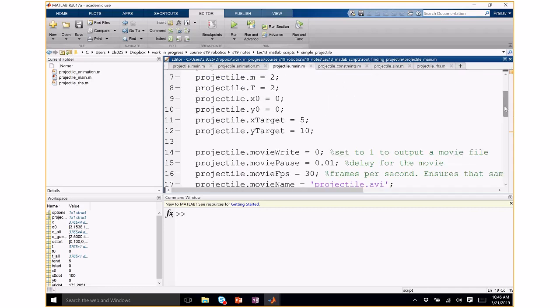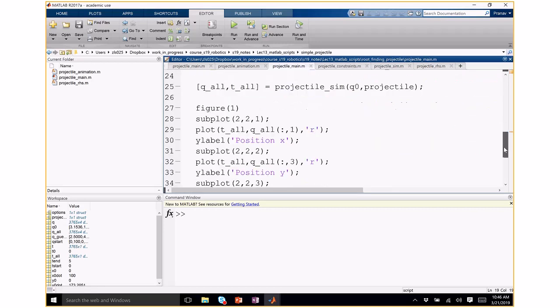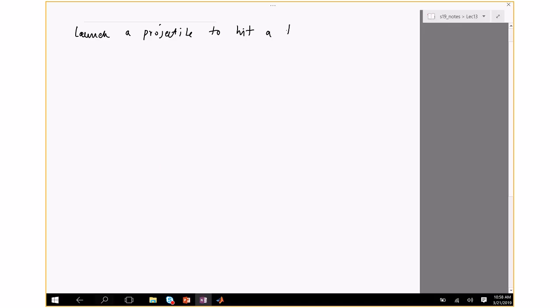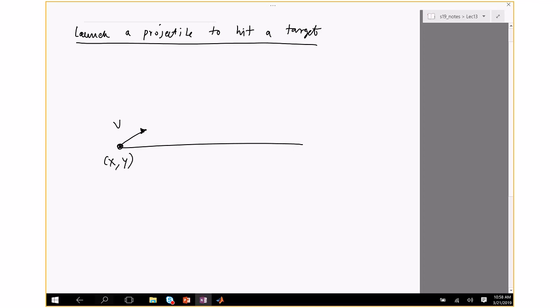And then the animation part, which is also the target. Okay, so we launch the projectile from a particular point. We know that point. We want to hit a target.